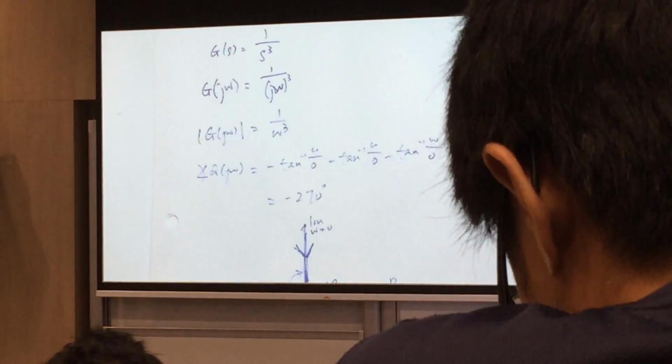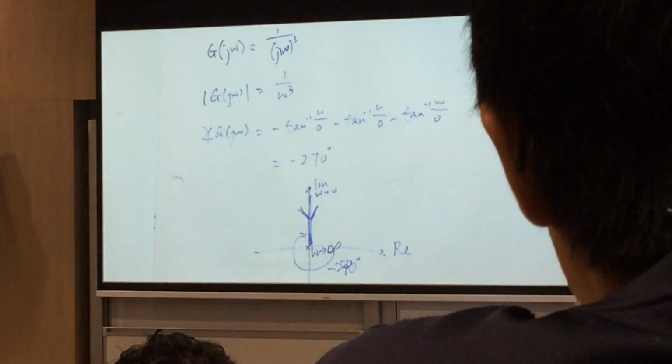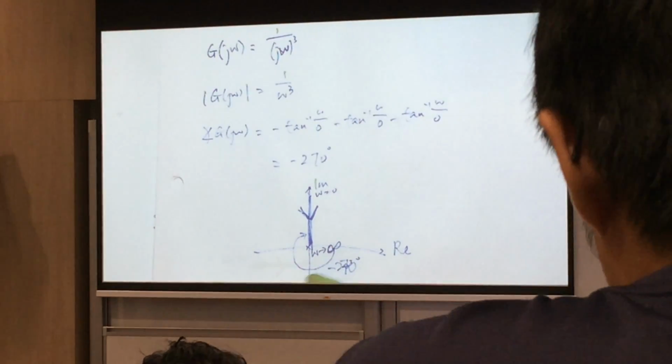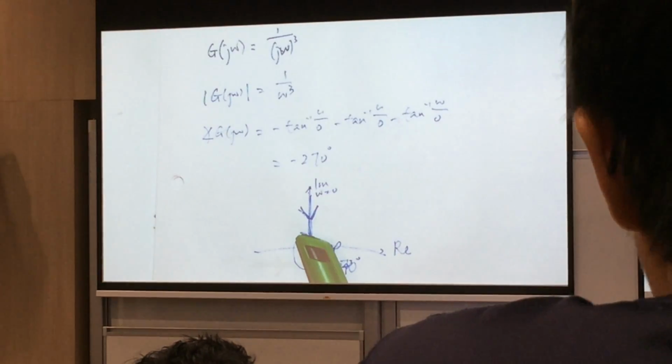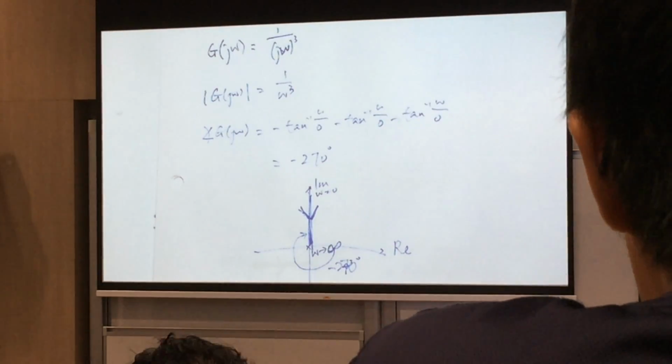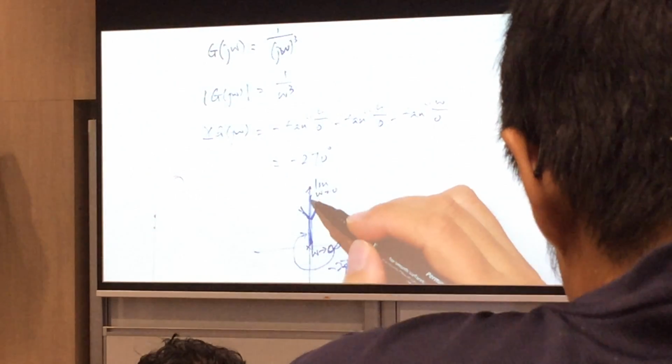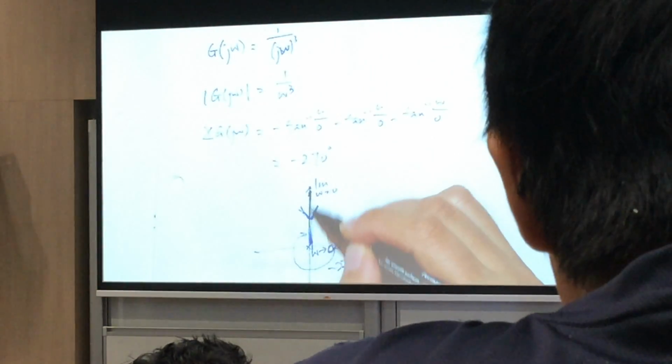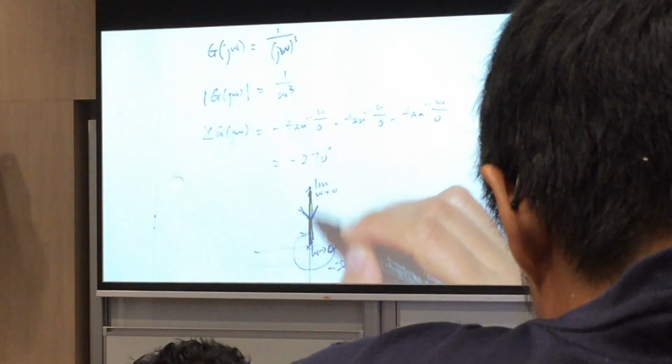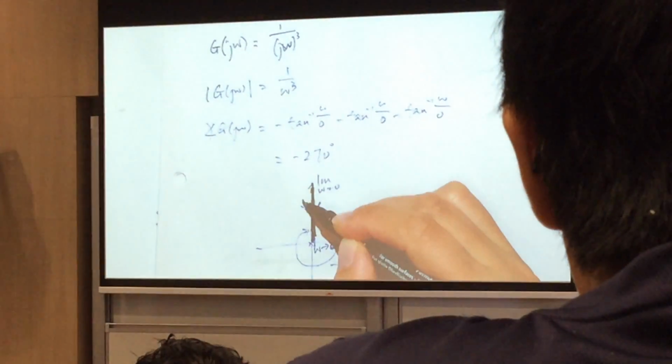What's minus 270? It's this part of the axis, because from here to here is minus 270. If we substitute values for omega, it starts from here at infinity and moves towards the 0 point. So this is your plot.